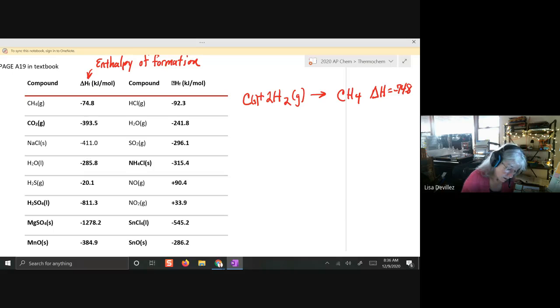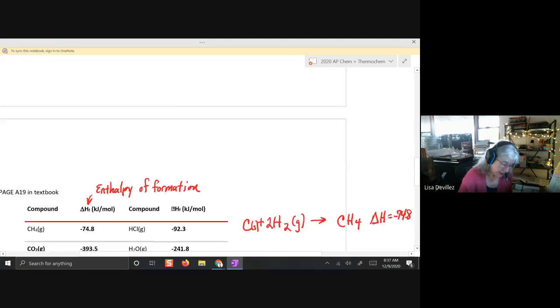Essentially what we're doing with these is kind of like Hess's law, because we're using these delta HFs and combining them, but we have a different equation that we use them in, that makes it a little easier.